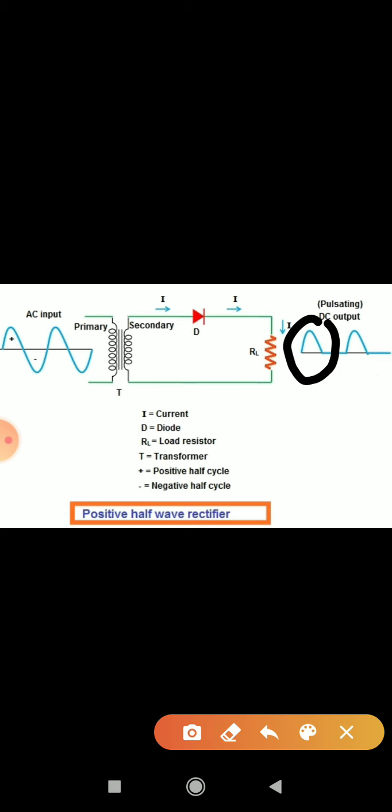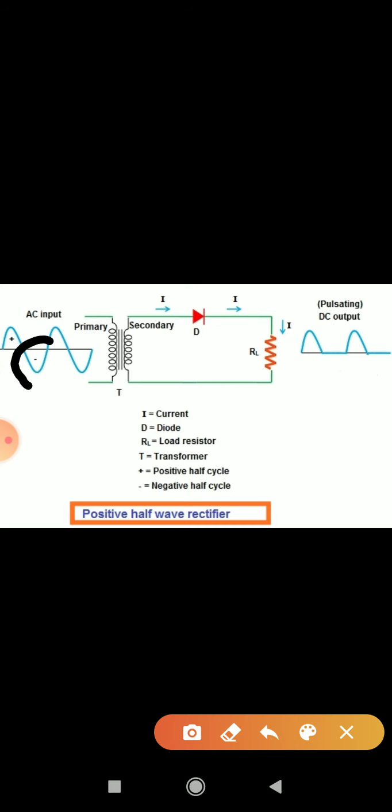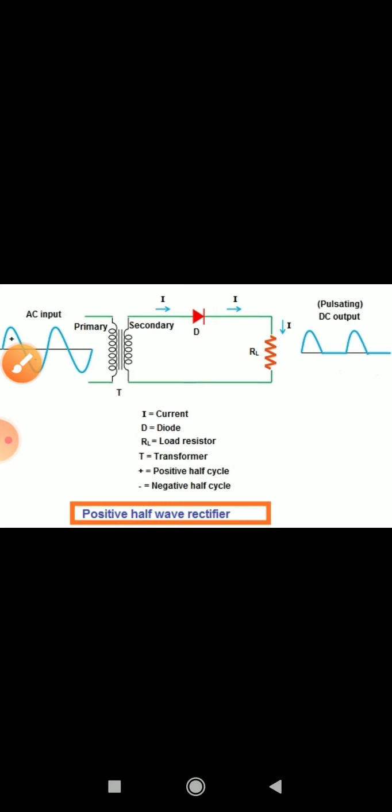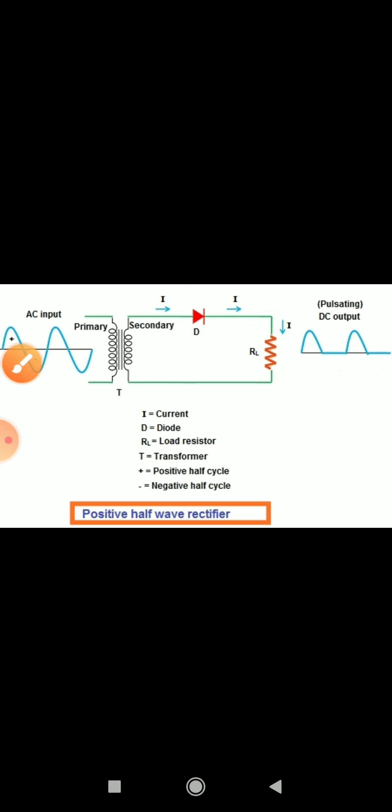Now we'll discuss the negative half cycle. During the negative half cycle, in the secondary winding the top terminal becomes the negative terminal, and the bottom terminal becomes the positive terminal. Here we can see that the negative input voltage is going to the positive terminal of the diode, and the positive input voltage is going to the negative terminal of the diode. In this case, the diode is reverse biased.